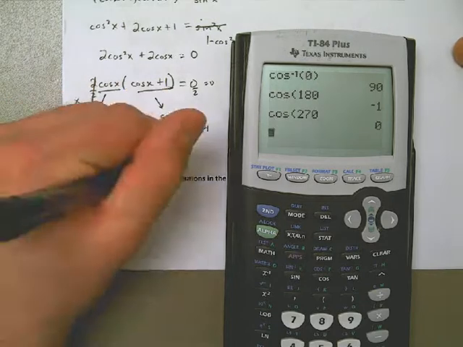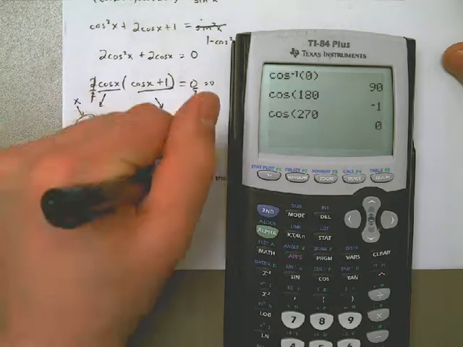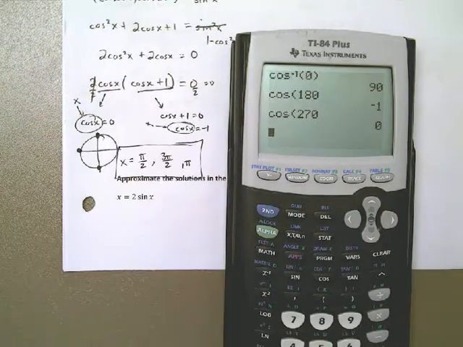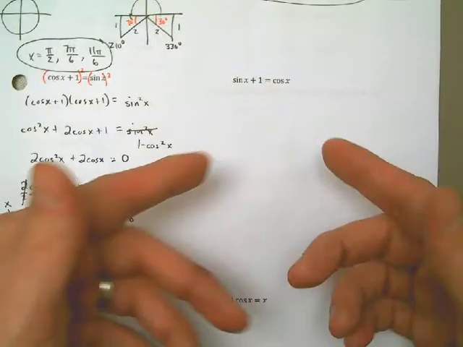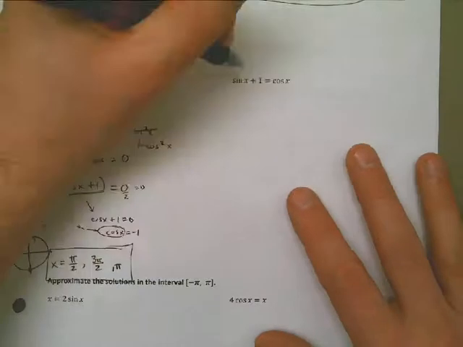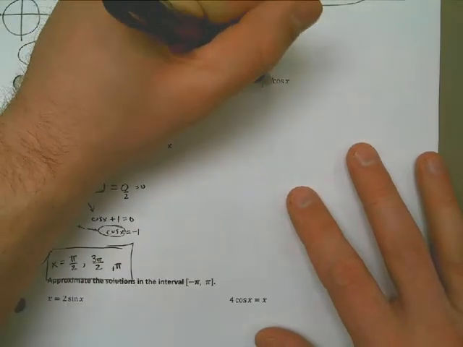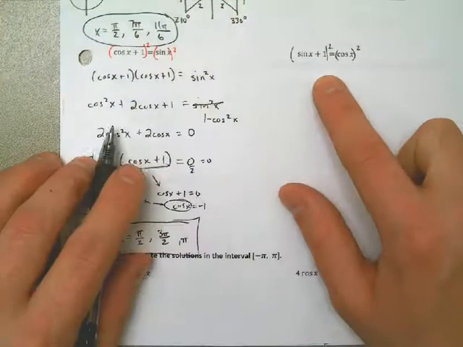We would do the same thing over here. I've got sine and cosine, they're both the first power. I don't know what to do, so I'm just going to square both sides. On the left, I'm going to skip a couple of steps and cheat off of what I've already done. I'm going to have sine squared x plus 2 sine x plus 1, and that's going to be equal to cosine squared of x.